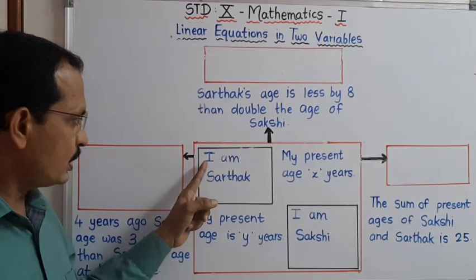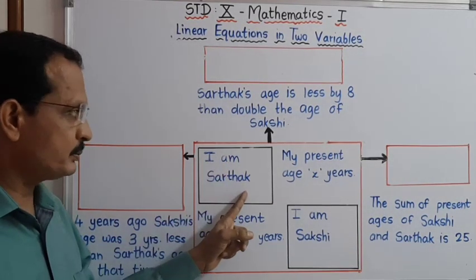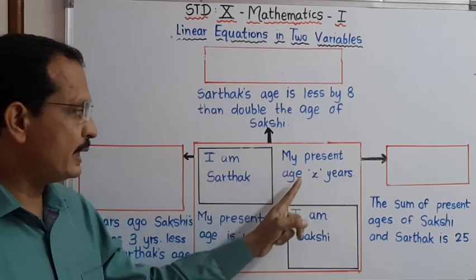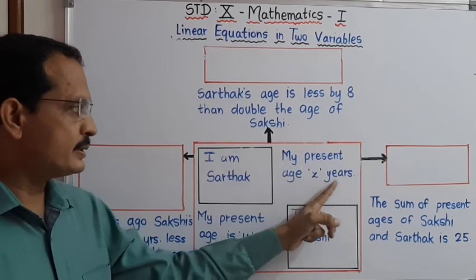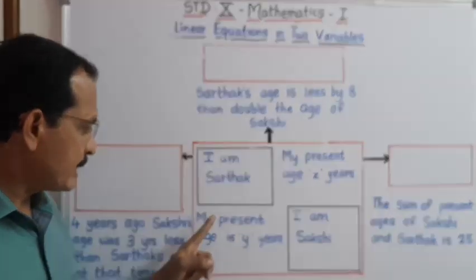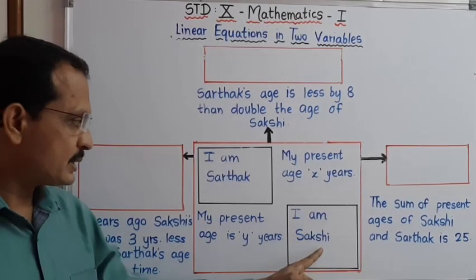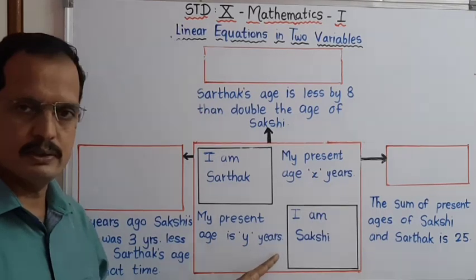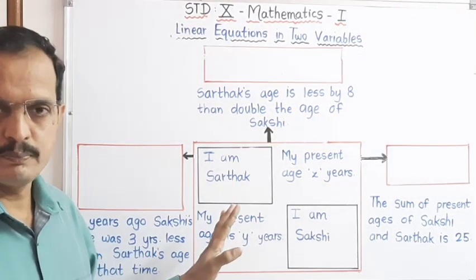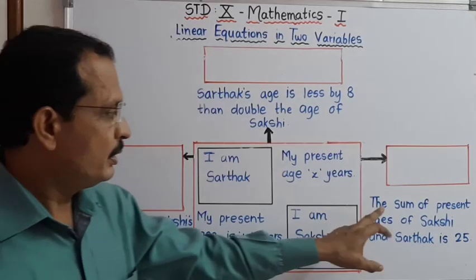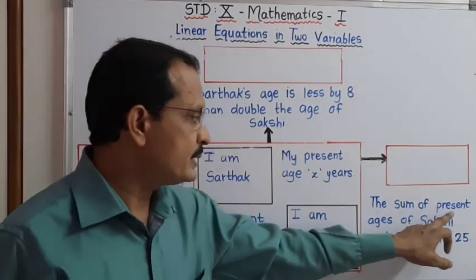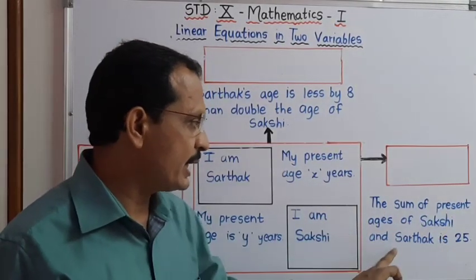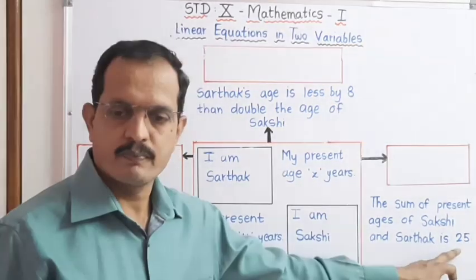See, first of all, I am Sarthak and my present age is X years. Second, I am Sakshi and my present age is Y years. This information is given. Then the sum of the present ages of Sakshi and Sarthak is 25.